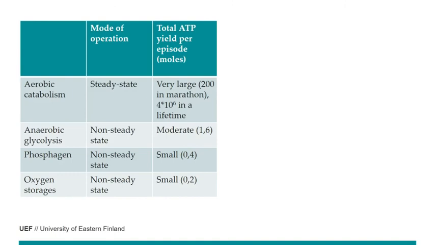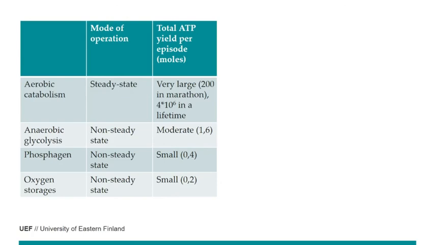So in aerobic metabolism, during a marathon, the ATP yield is very large. And of course, during the lifetime, it's maybe 4 million. And then in anaerobic glycolysis, it's still something. So we can have a little bit of ATP produced because it happens over quite a long term.